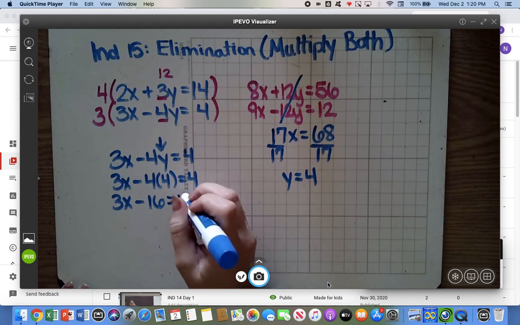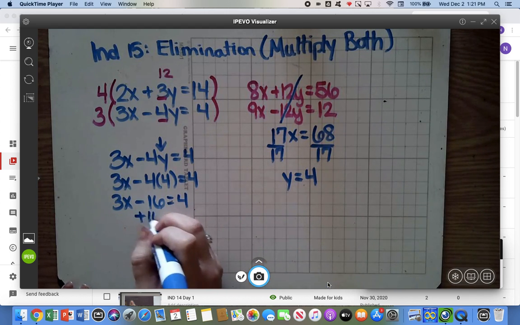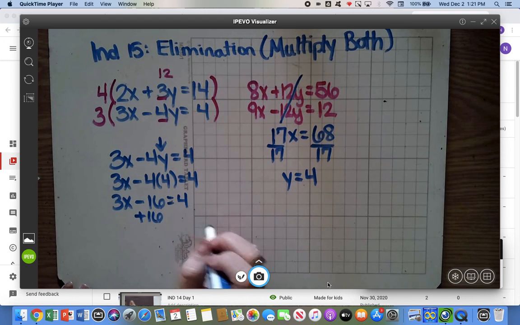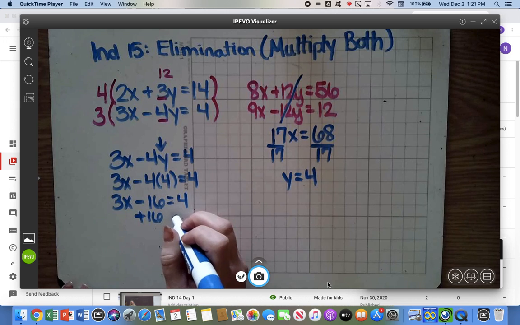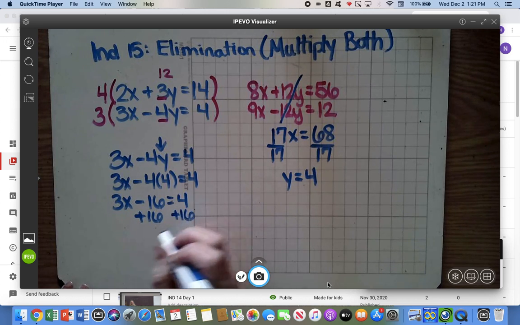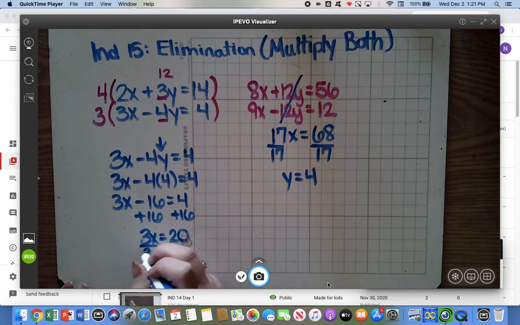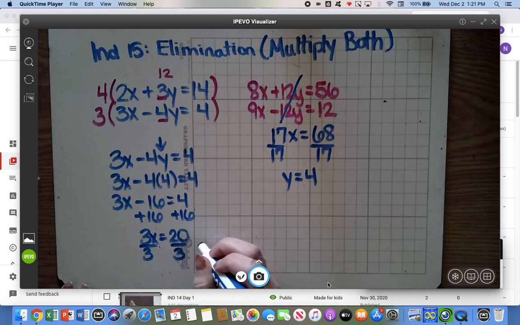Okay. All right, so then we add our 16. And I get 3x equals 20. Now, on this one, I get a fraction, and I don't like that. Very rarely will you do that, and I'm just double checking, making sure I didn't totally screw something up.